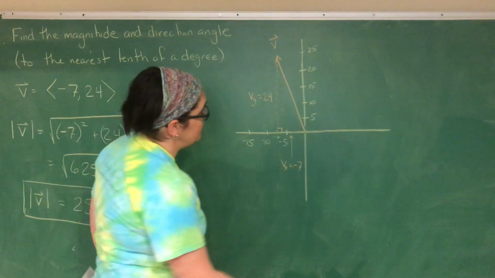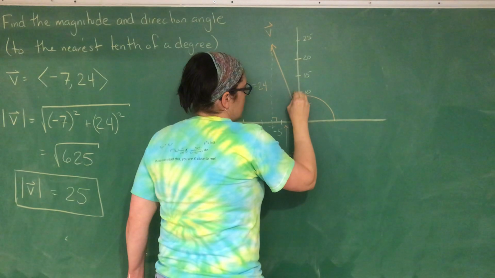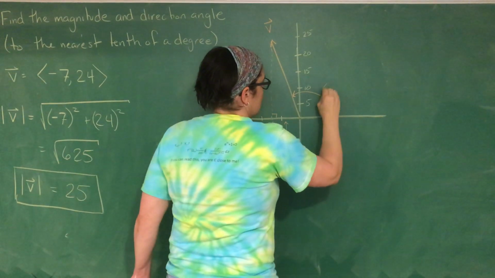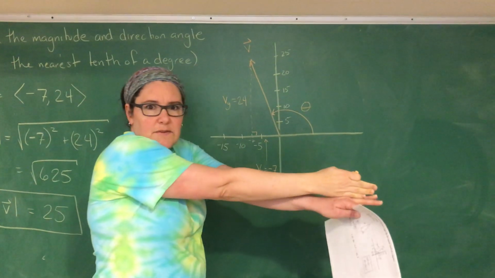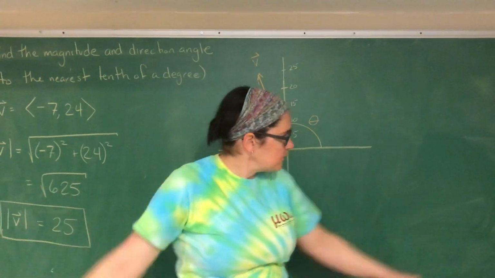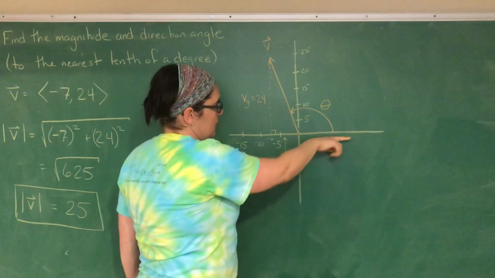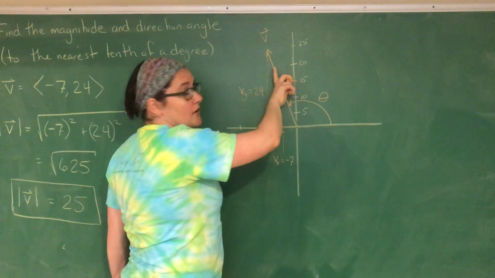Now, we want to find the direction angle, which our textbook defines as the angle from the positive x-axis measured in a counterclockwise direction. So we want the angle theta, which starts in the positive x direction and ends on our vector v.